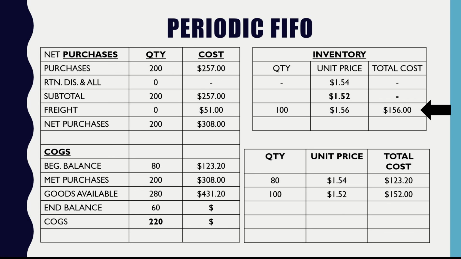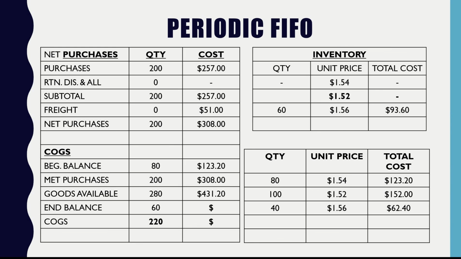But because we subtracted out 40 of them, we're taking this 6240 and subtracting it from the 156 to give us the 93.60.